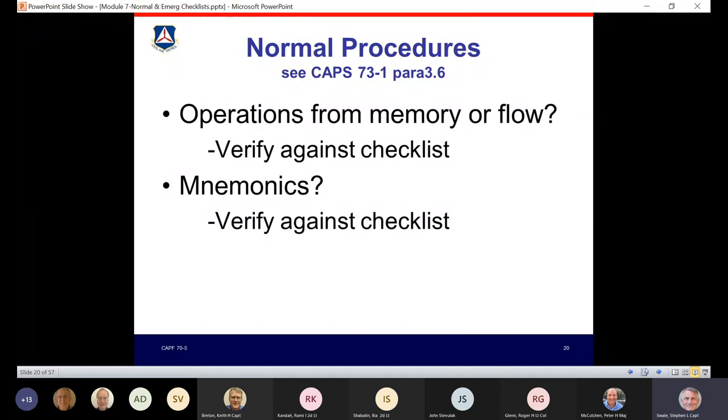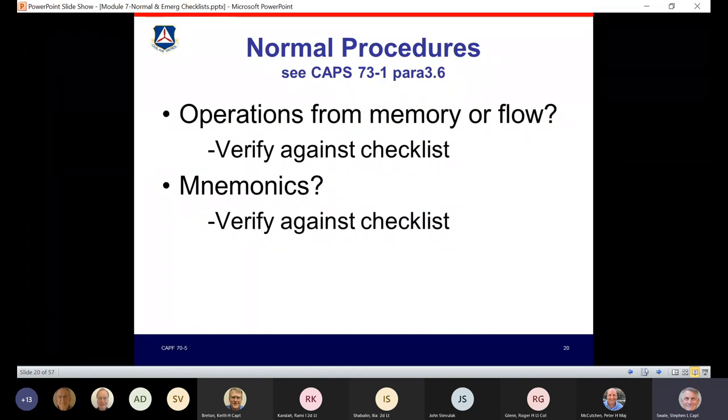So what about normal procedures, operations from memory, or if you've got a flow that you use for efficiency? Can you do that? Well, according to regulations, you can, but you need to verify it against the checklist using perhaps one of the crew coordination techniques that I briefed previously. What about mnemonics? Again, you can use them, but you need to verify it against the checklist.